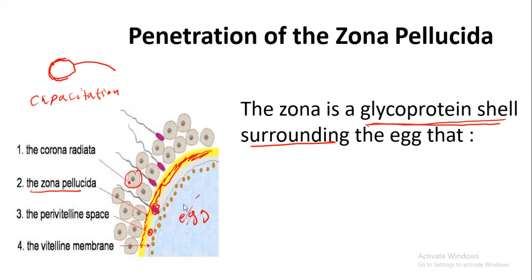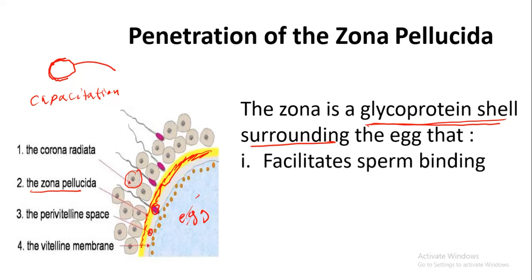Once one sperm fertilizes the egg, other sperms will not be able to enter and fertilize it. Why? The zona pellucida will enclose and make sure that nothing else is penetrating it.